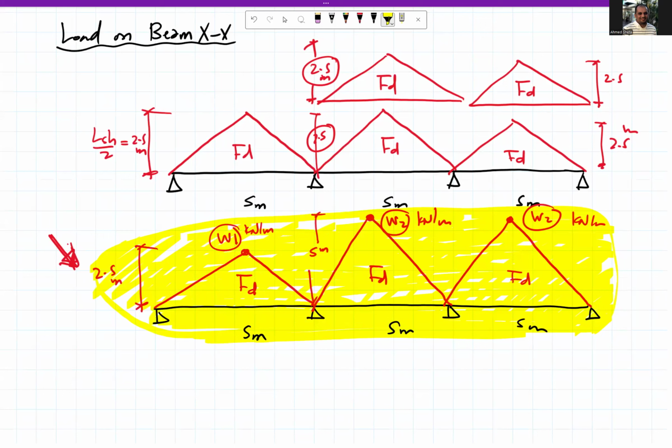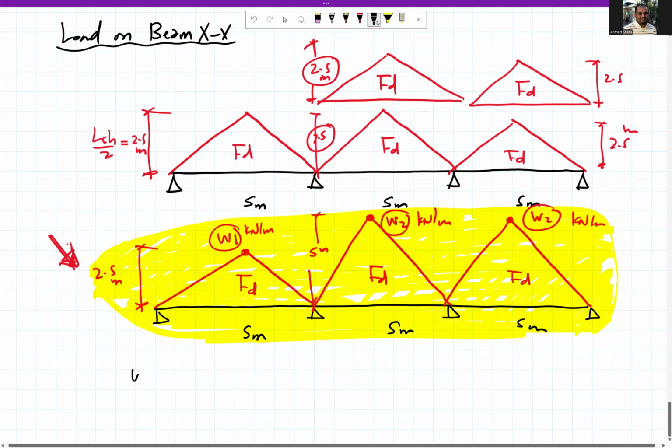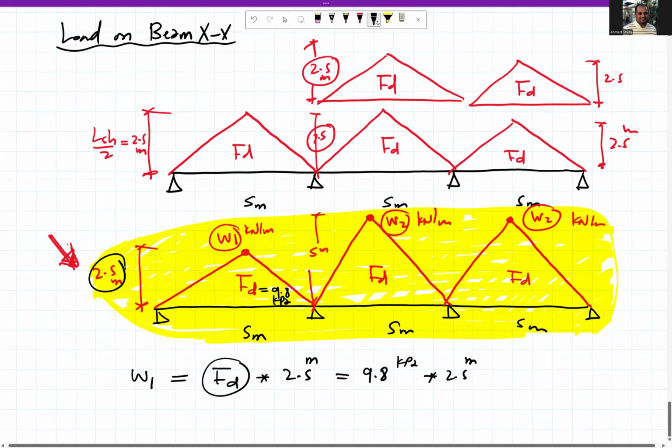So if I ask you how to find W1 and W2, the idea is W1 will be equal to FD times the height of the triangle. FD for all of them was 9.8 kPa. So it will be 9.8 kPa times 2.5 meter, which gives us a value of 24.5 kilonewton per meter.